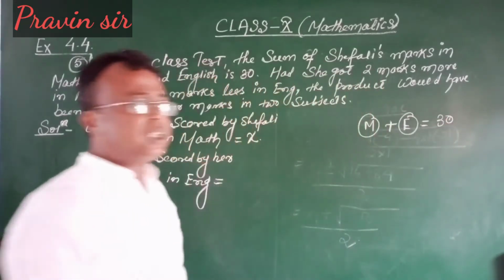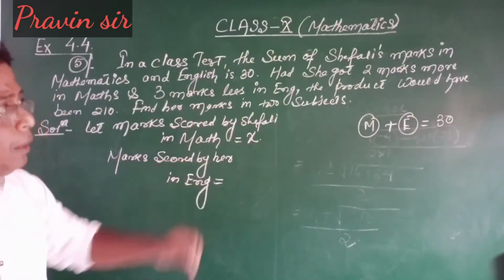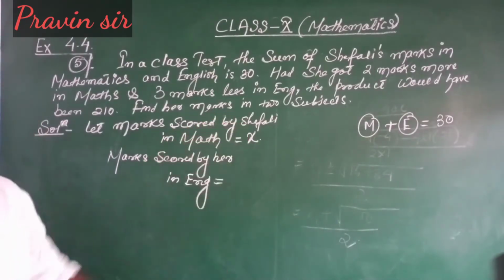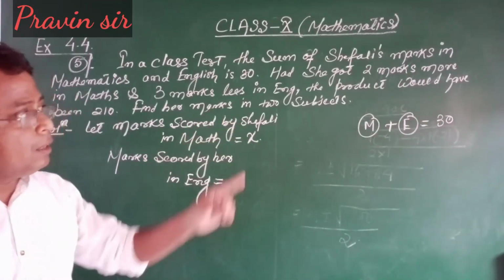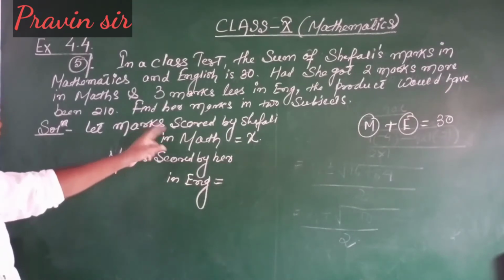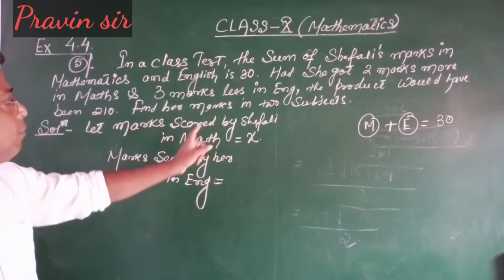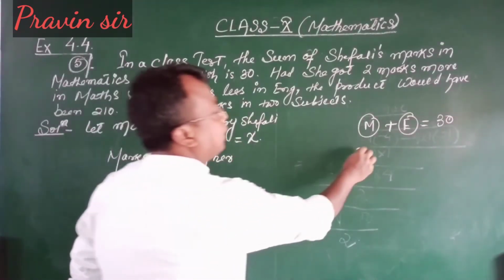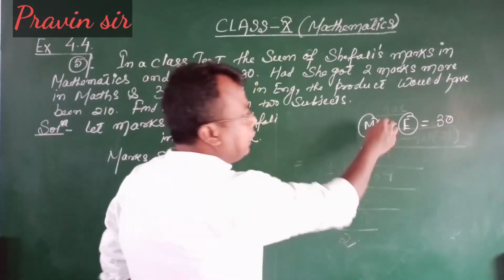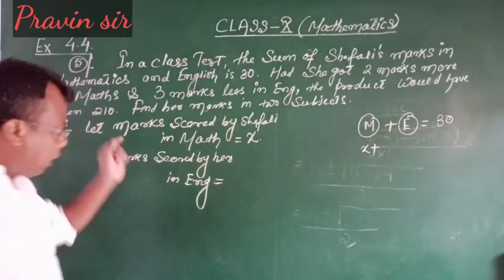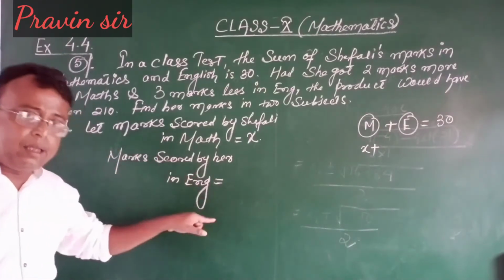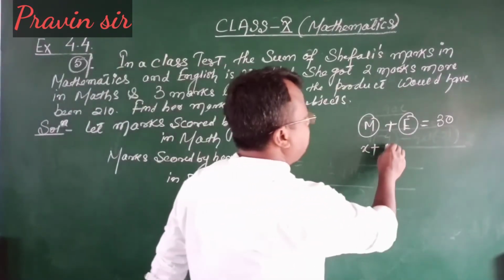Alright. Marks scored in mathematics and marks scored in English, total that is given, it is 30. Now in maths, what do we suppose? The marks scored by Cephali in maths is equal to what? X we suppose. English we don't know. My question is how much marks is scored in English? The English we don't know. So in place of English you write E only.